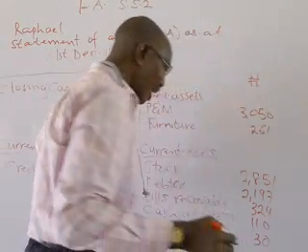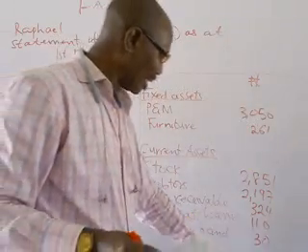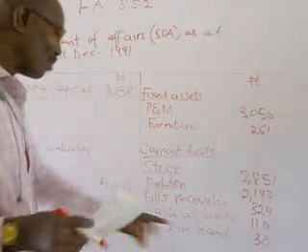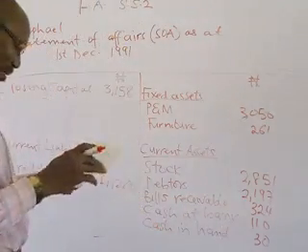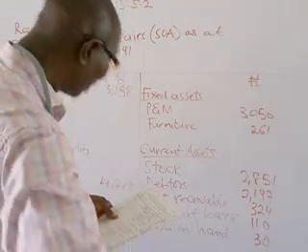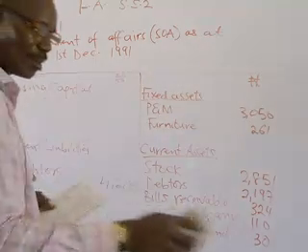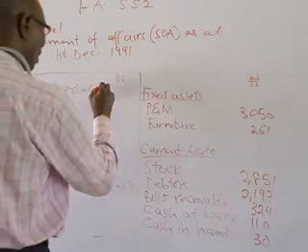Mind you, total assets here is 8,823. So subtract the figure from this. That will give you the closing capital, which is 4,623.